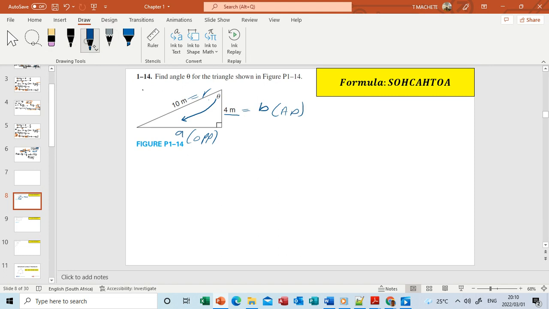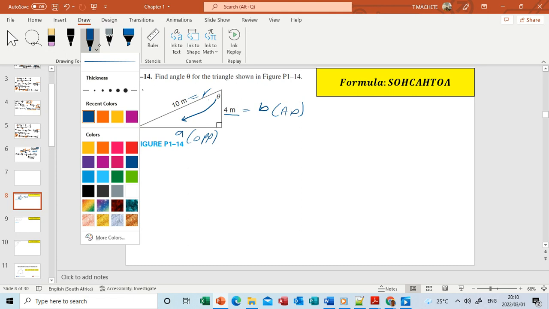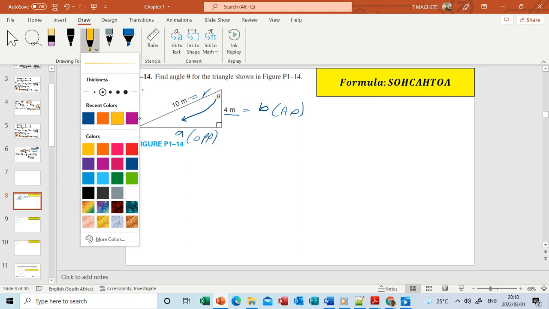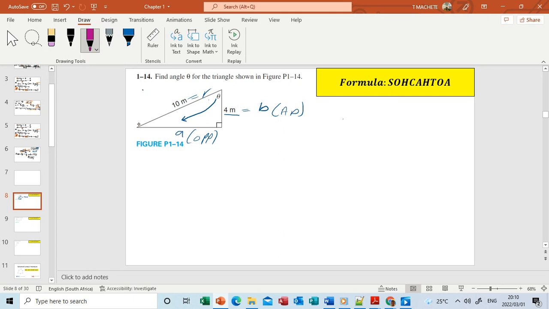So now look at this question. You are only given hypotenuse and adjacent. So it's this one, the cos. So you're gonna write that formula down. Cos theta equals to adjacent over hypotenuse. And then you write your values there.